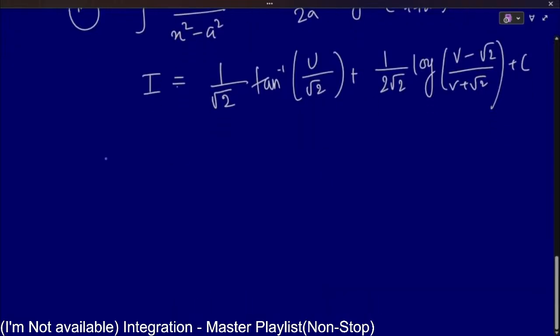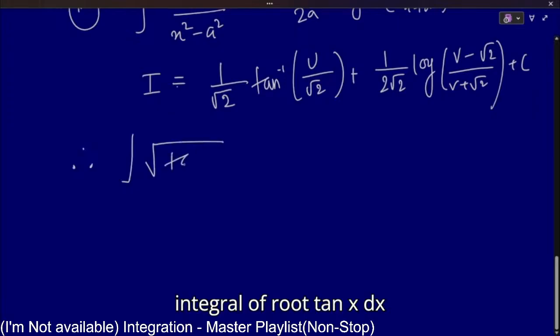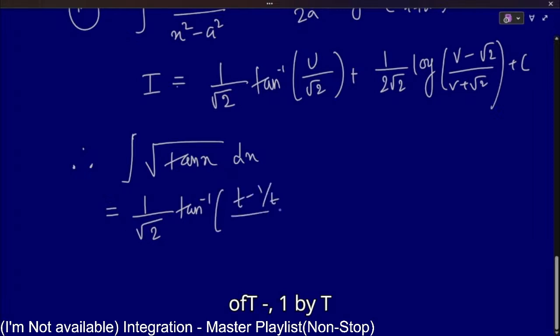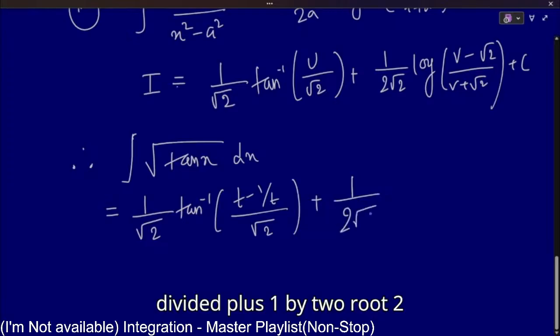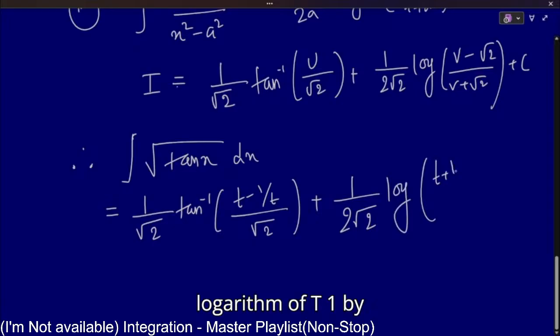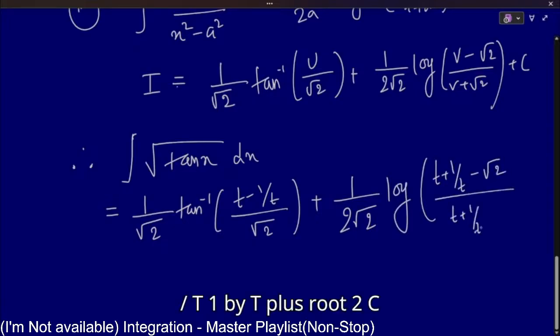Okay, so therefore the integral of root tan x dx now becomes 1 by root 2 tan inverse of t minus 1 by t by root 2, plus 1 by 2 root 2 logarithm of t plus 1 by t minus root 2 divided by t plus 1 by t plus root 2, plus c.